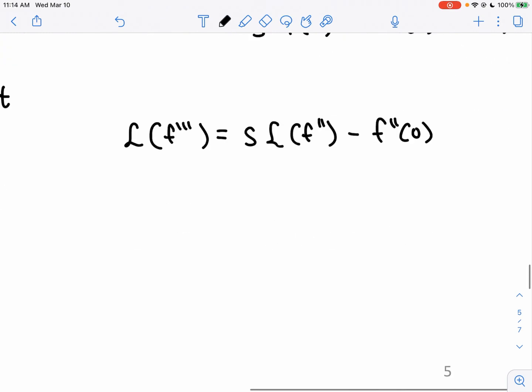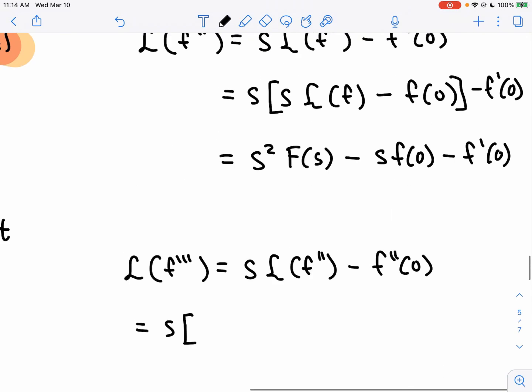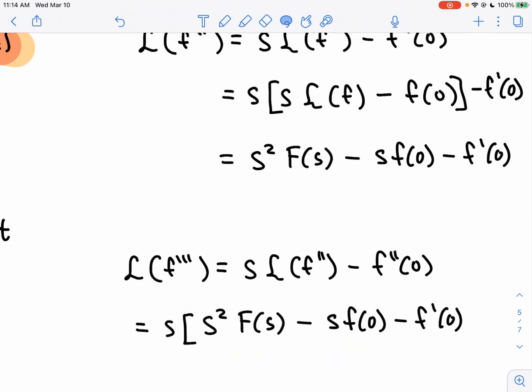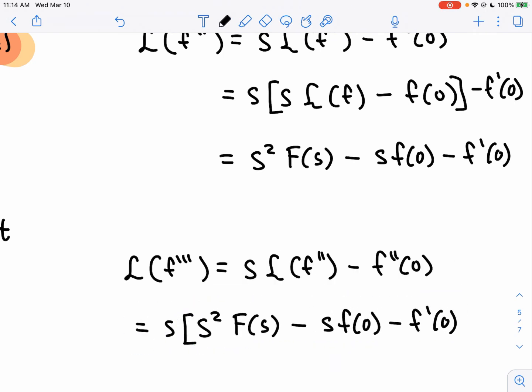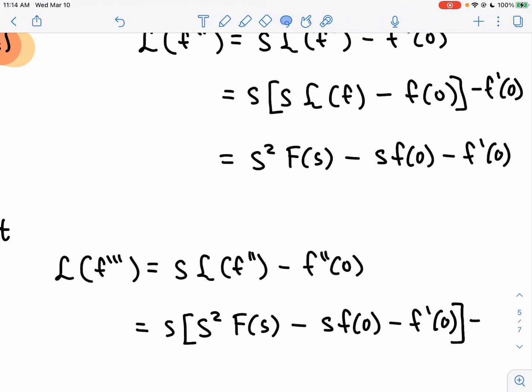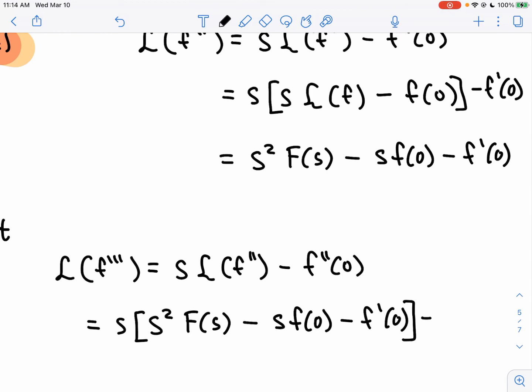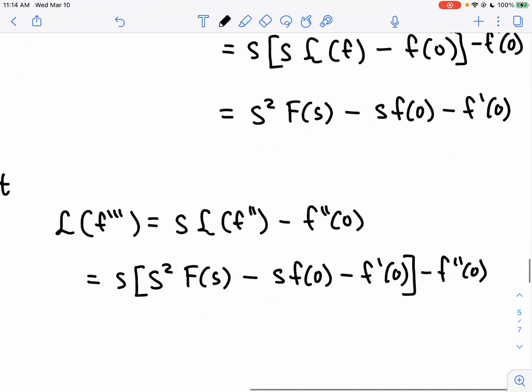The Laplace transform of a third derivative would be equal to s times, and then we can do the previous formula and plug it in. So let's copy that, paste it right here, and then minus f double prime of 0.